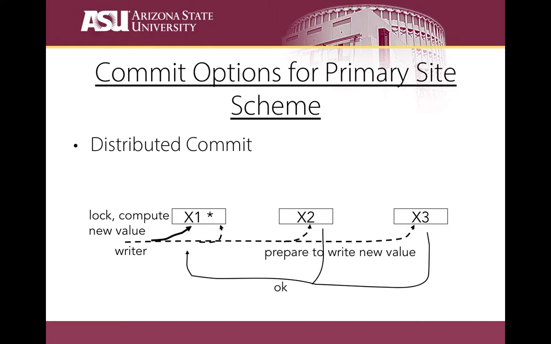Other question? She was first. Yeah, please. So when you said that, first we make X1 a primary site and then we lock it. So that means that when we are locking it, if there is any read request, you won't be able to read from it, right?